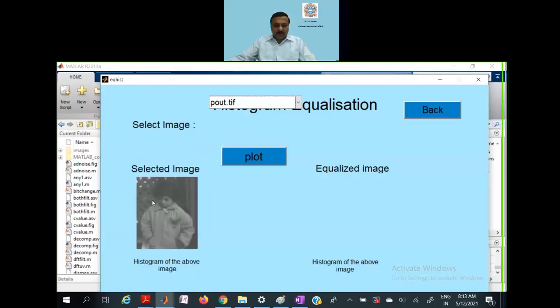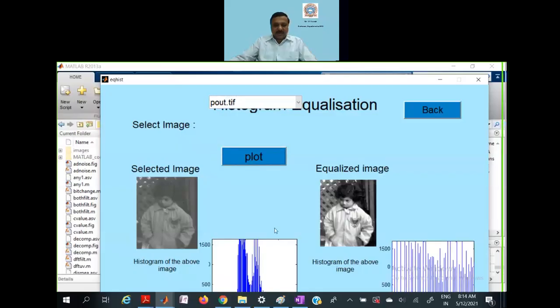I showed that I can see neither a completely black pixel nor a completely white pixel. So what you notice is the dynamic range of the image is very less. We call such images low contrast images. That means I have neither black pixels nor white pixels.